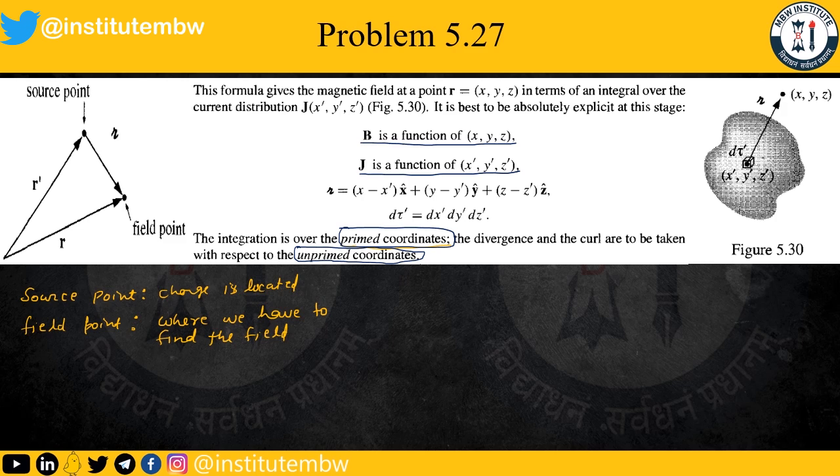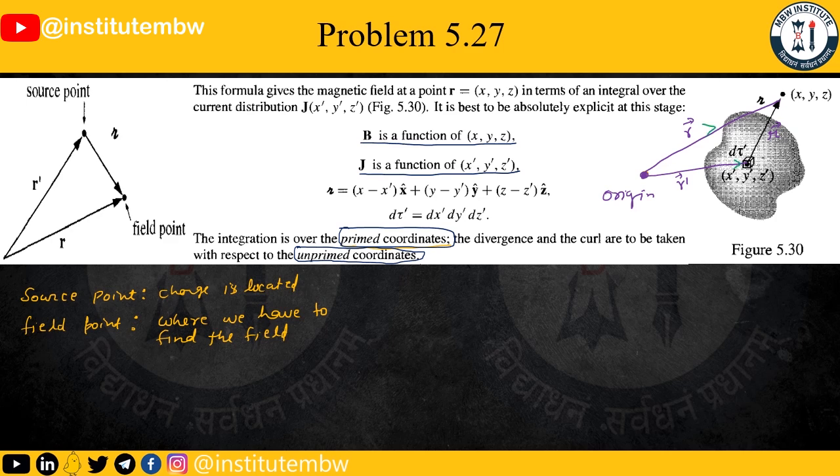Let me change the color. Let's say this is the origin. From here, let's join this and let's join this. As written, this is the r vector, this is the r prime vector, and this is the unprimed r, which I will basically call the r vector.